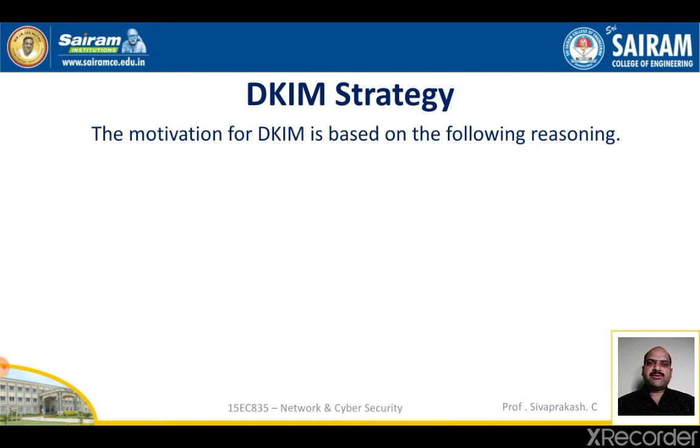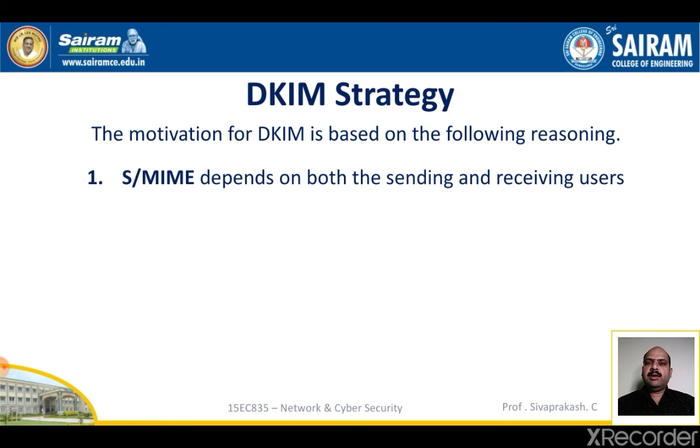This approach differs from S/MIME and PGP, which use the originator's private key to sign the content of the message. The motivation for DKIM is based on the following reasons. Let's see the reasons. First, S/MIME depends on both the sender and receiver users employing S/MIME.